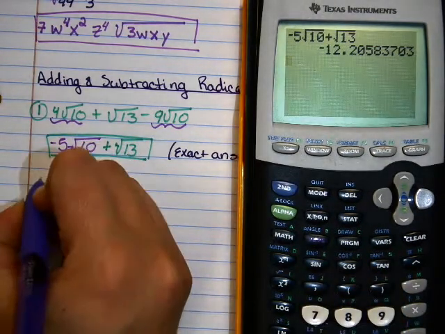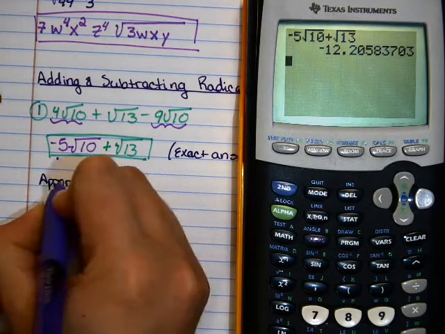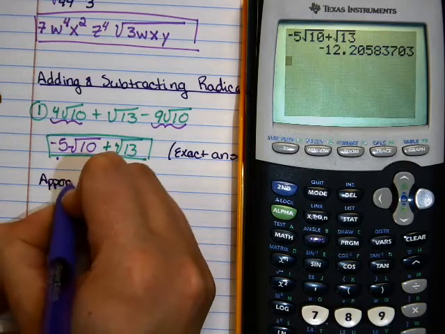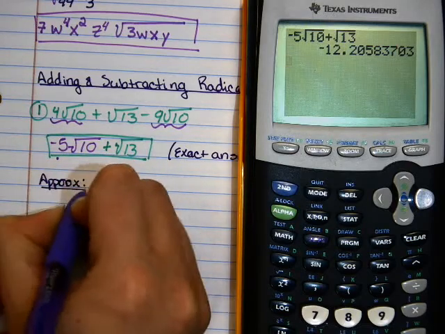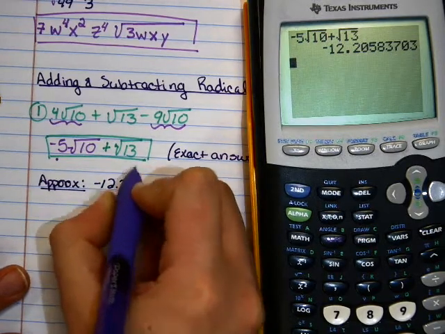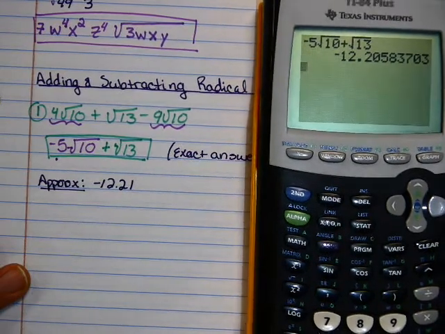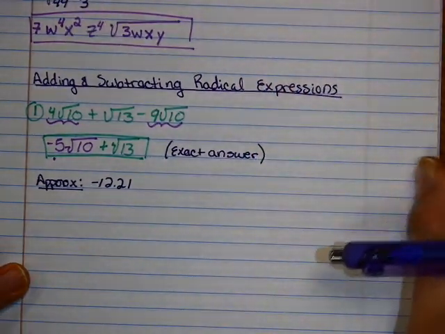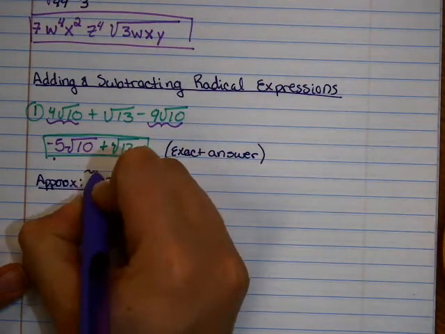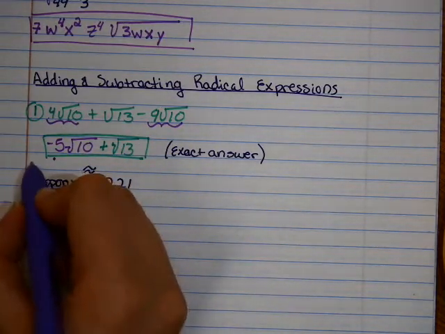The approximate value would be negative 12.21. We'll round to the hundredths. Approximate would be rounding, and we use the approximate symbol, so that's a squiggly equal sign.